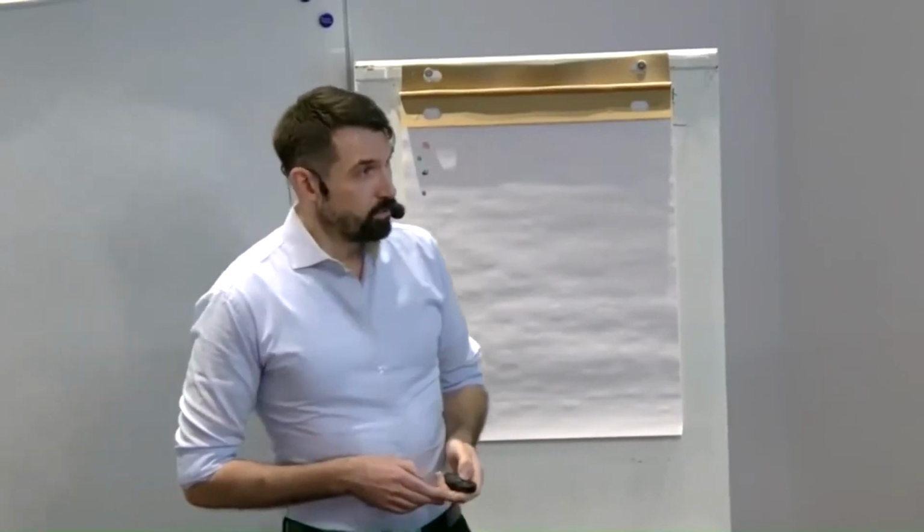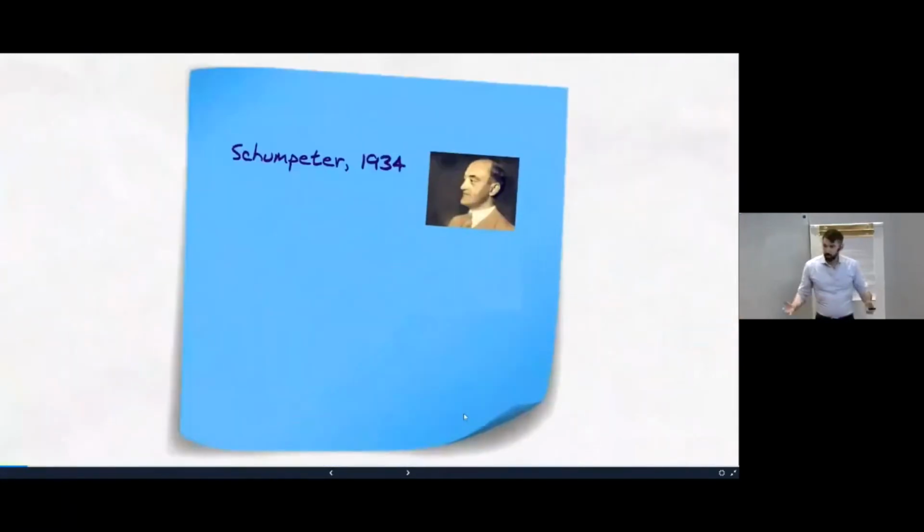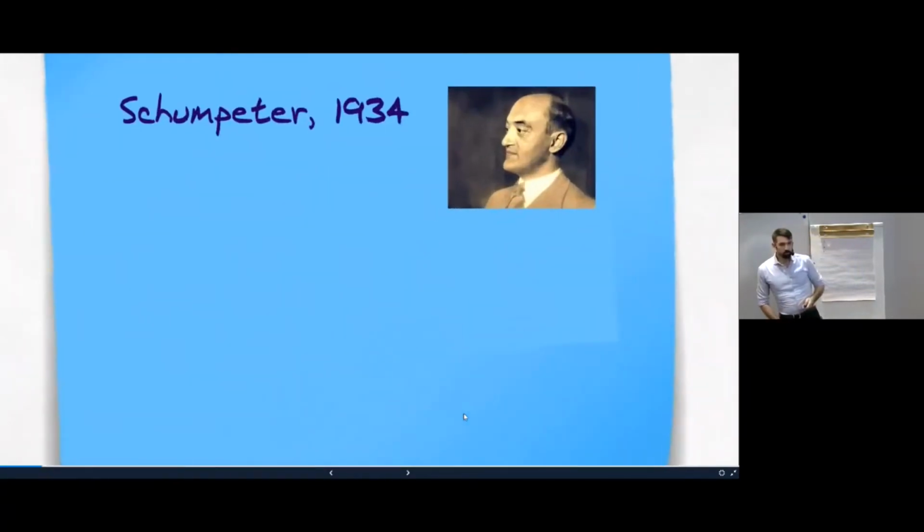So speaking of innovation, what is innovation? What are we after here? I think one of the best ways of explaining what innovation actually is, because there's a considerable amount of confusion around it, is what Schumpeter himself coined.